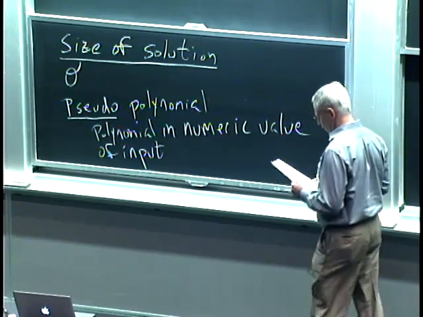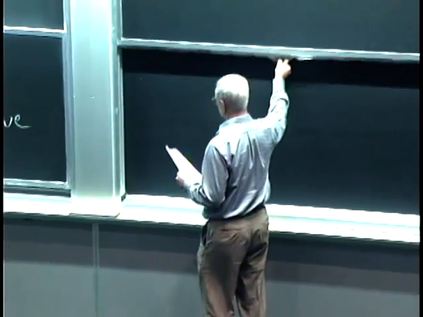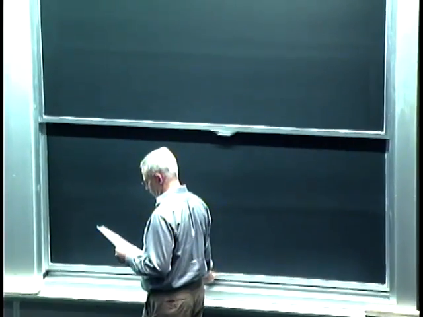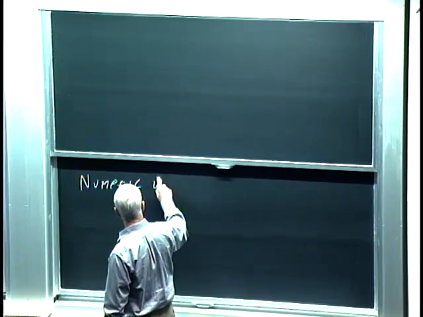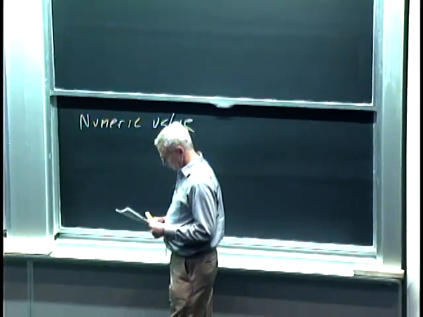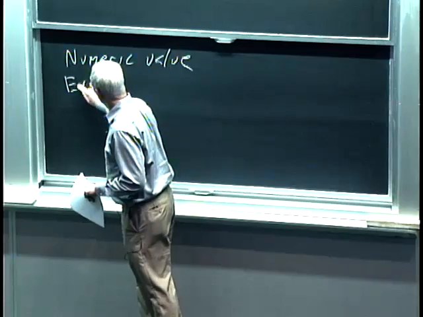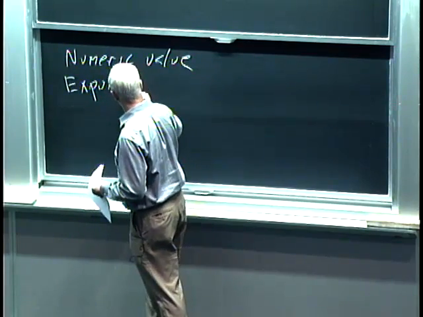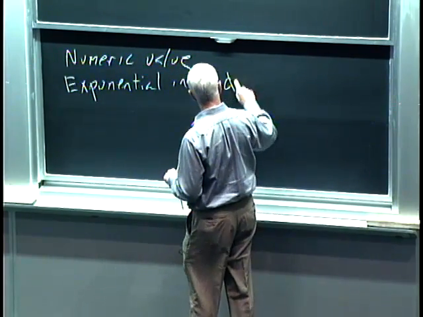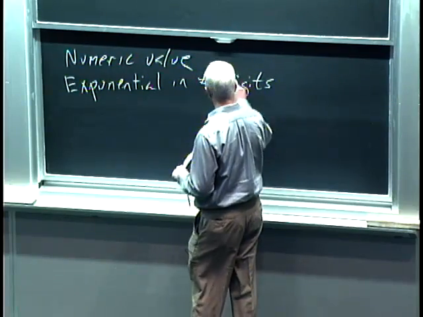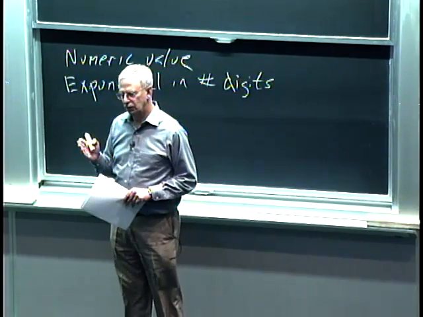Now, the key issue to think about here is that as we look at a numeric value, we know that that's exponential in the number of digits. So that's a key thing to think about, right?